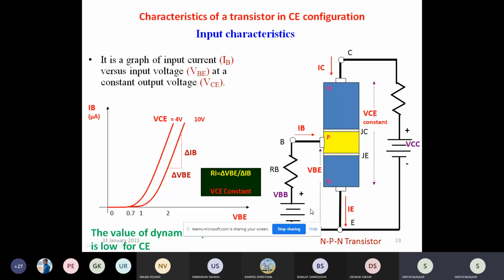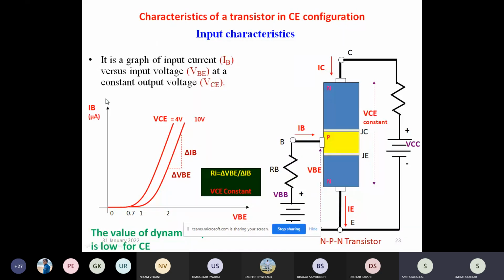Which voltage is moving through the base terminal? Positive voltage, and current flows through the resistor. But the resistance limits or controls the current. That is why the base terminal is connected to the negative terminal in the P region.